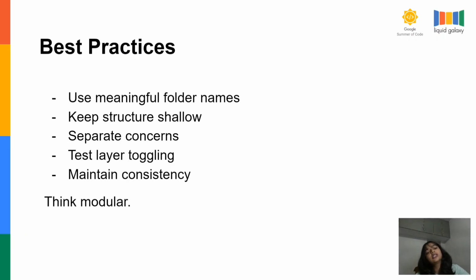Best practices. My golden rules for KML organization are: Meaningful naming. Every folder name should describe the data and the source, and you should know by reading those folder names what is inside that folder. Shallow hierarchy.